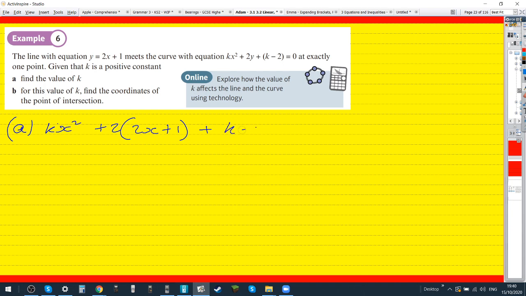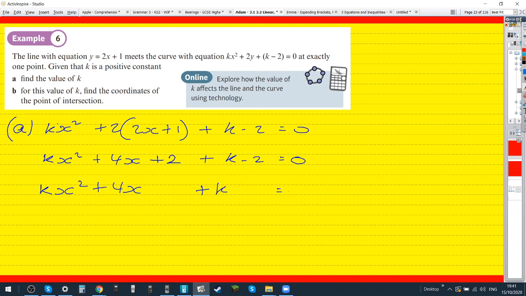So you'd get kx squared plus 4x plus 2 plus open brackets k minus 2 close brackets equals 0. I would just simplify. So could you just do plus 2 minus 2, which equals 0? So there'd be no number there. So it'd be kx squared plus 4x plus k equals 0.